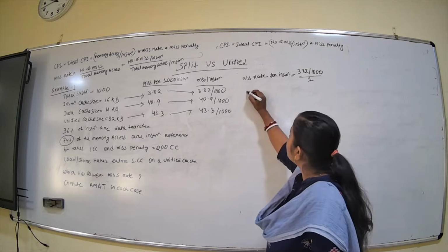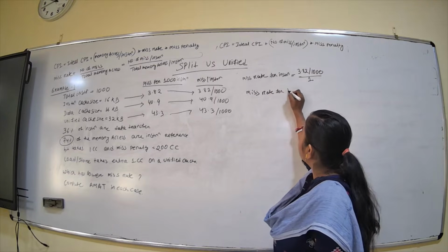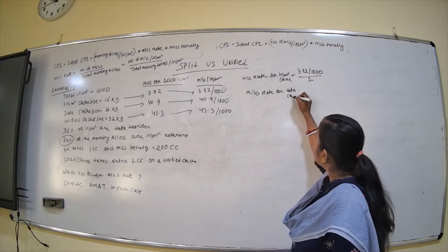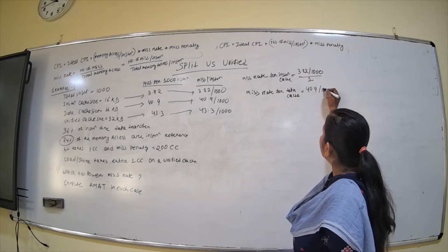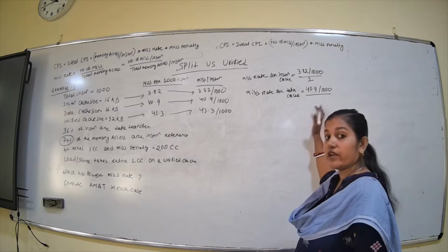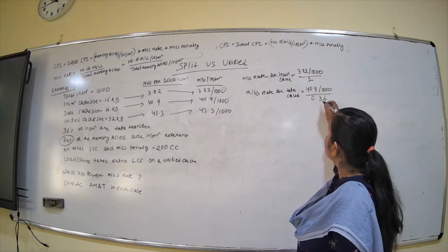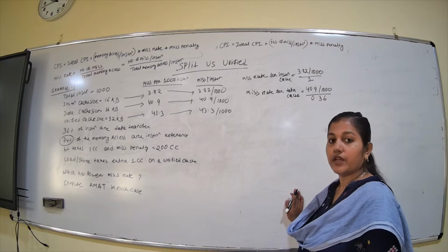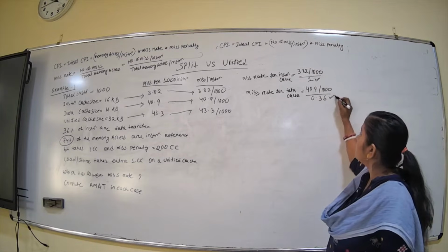Now the miss rate for the data cache is equal to 40.9 by 1000 divided by the total memory access for data, which is 36%, so 0.36. So this is for the instruction, this is for the data.